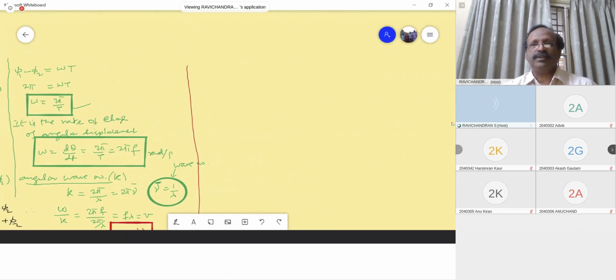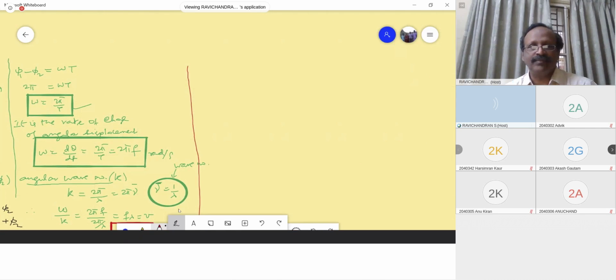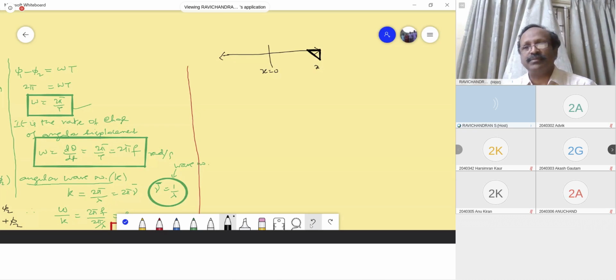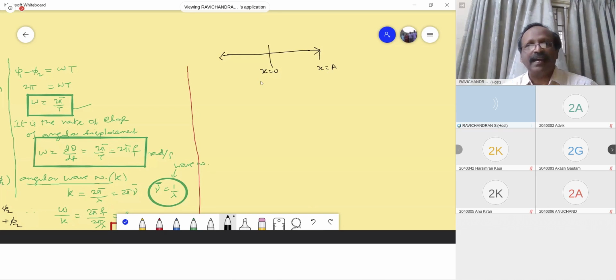So what we have got here, when a body is set into a sort of oscillation, like this is the mean position, this is the extreme position. At mean position you have the formula v is equal to omega square root of A square minus x square, correct?